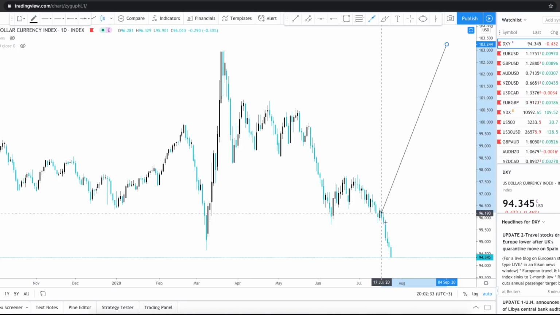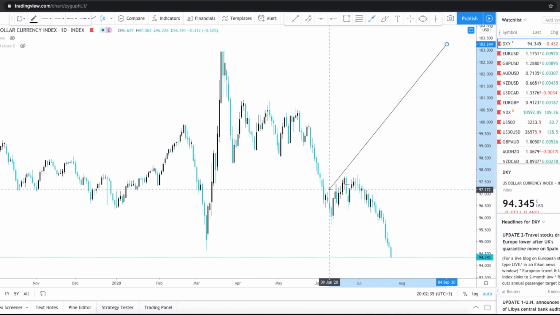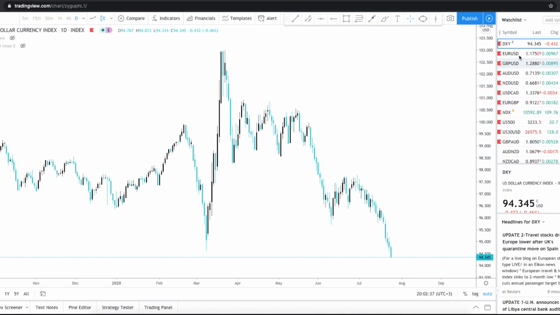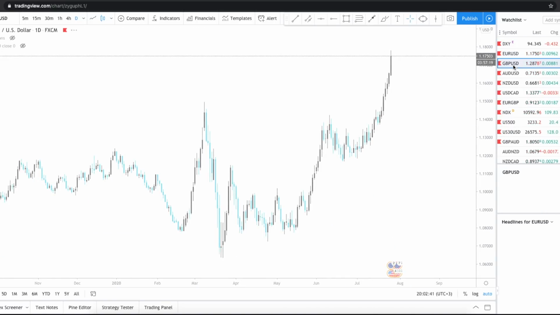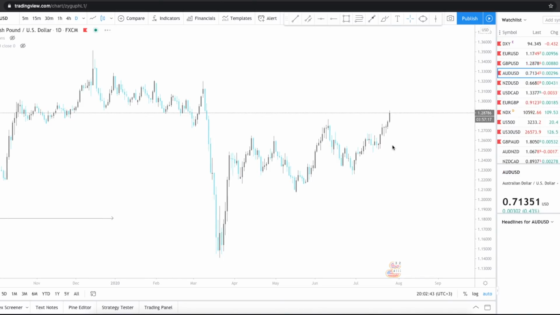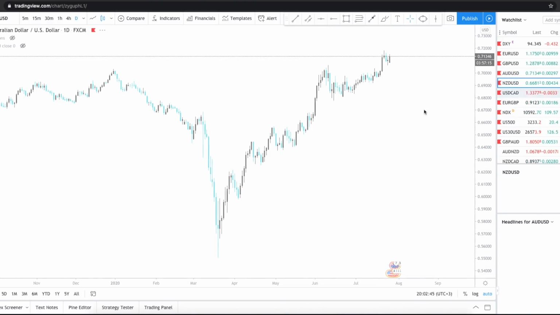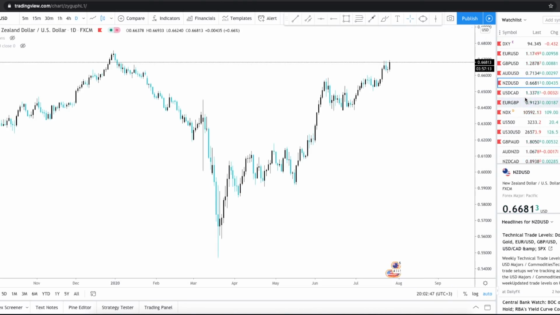So as you can see, the US dollar is falling, right? It's falling, it's falling, it's falling. So EUR/USD should be rising. There you go. GBP/USD should be rising as well. AUD/USD should be rising. NZD/USD should be rising. USD/CAD, however, USD is falling, remember, and CAD should be going higher, right?